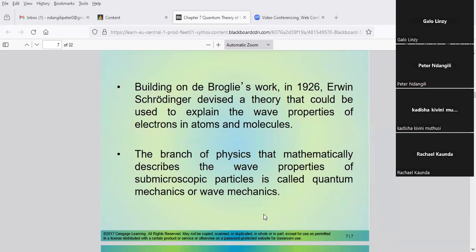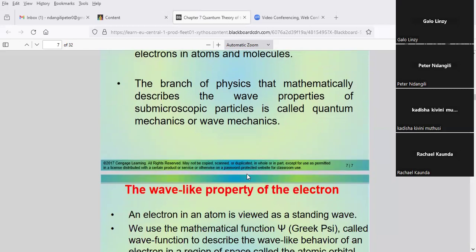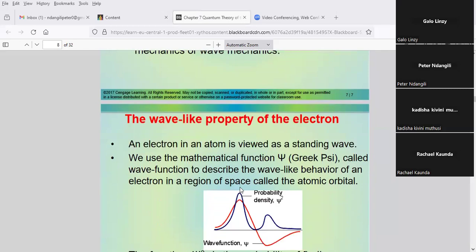The branch of physics that mathematically describes the wave properties of submicroscopic particles is what we call quantum mechanics or wave mechanics. These are actually a branch of physics. Regarding the wave-like property of the electron, we say that an electron is viewed as a standing wave.